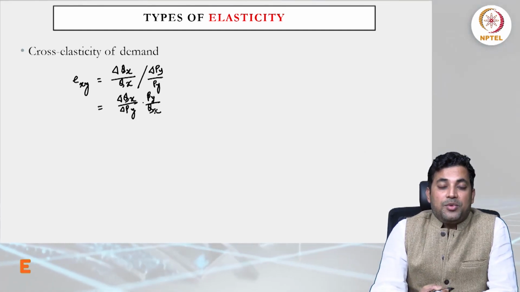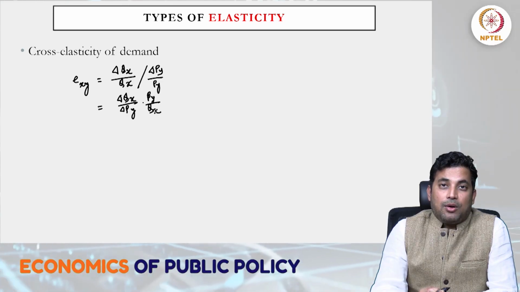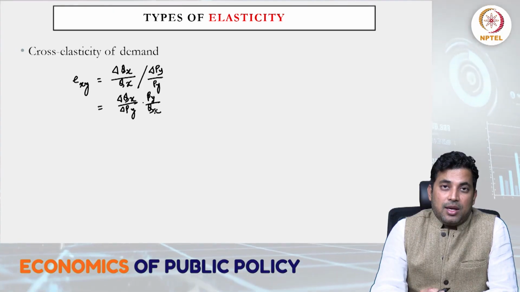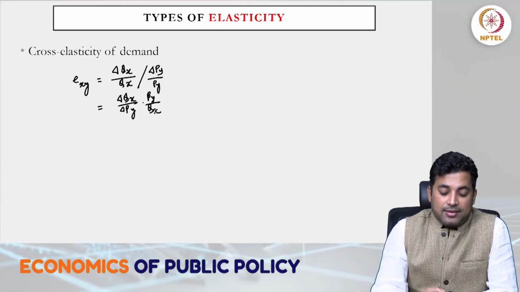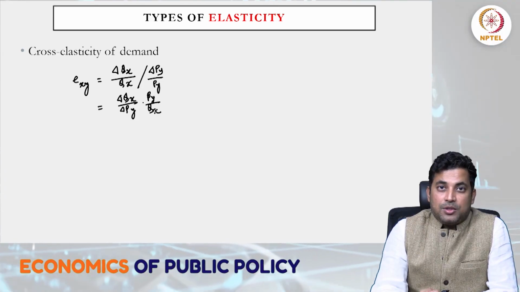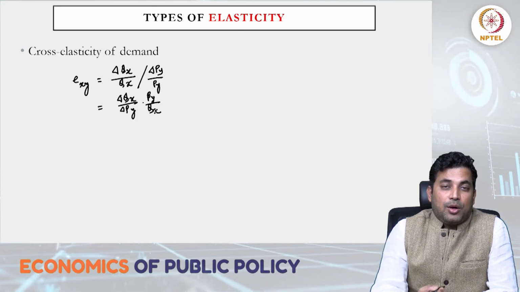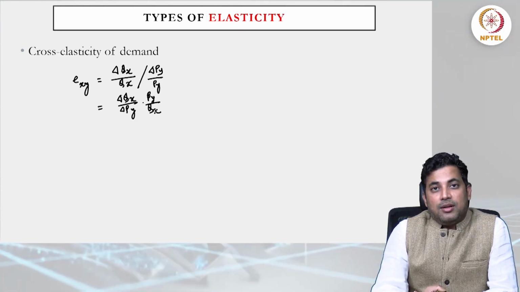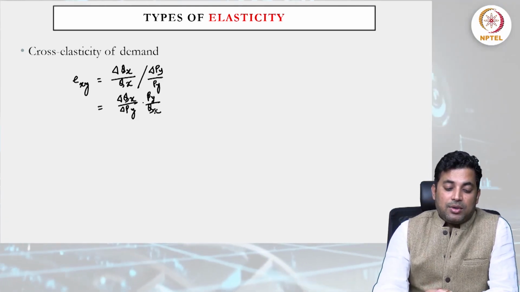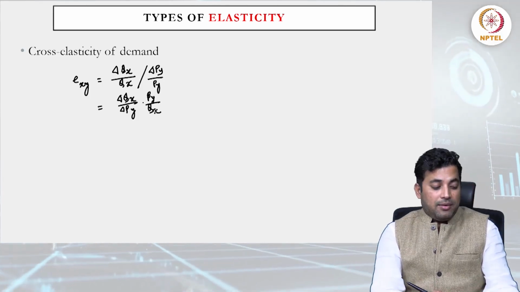This is the rate of change in the price of commodity Y and how it impacts the rate of change in the quantity demanded for X. So here Y and X, if you recall from substitute goods, could be like changes in the price of coffee, and how much that has an impact on the quantity demanded for tea. So this is what the cross price elasticity of demand is.